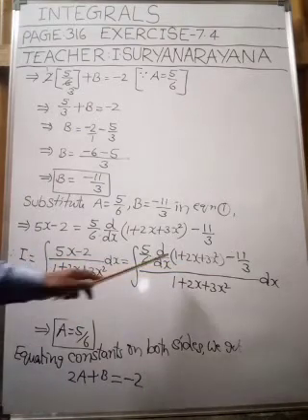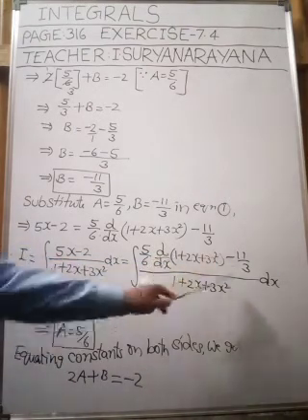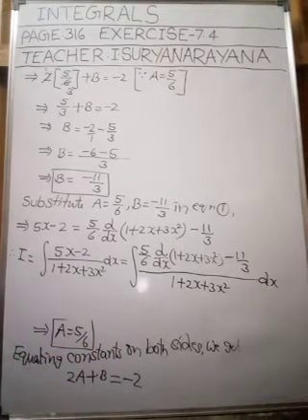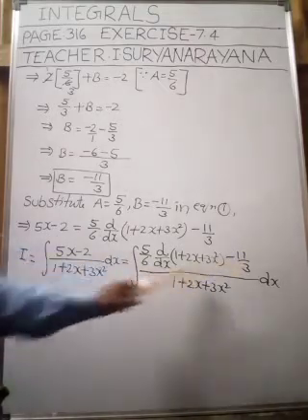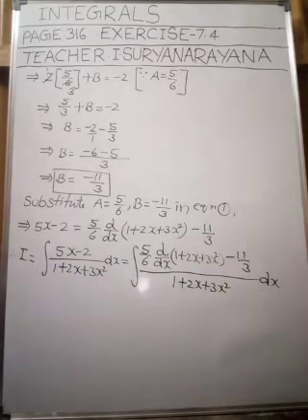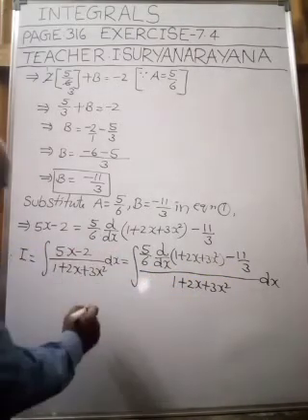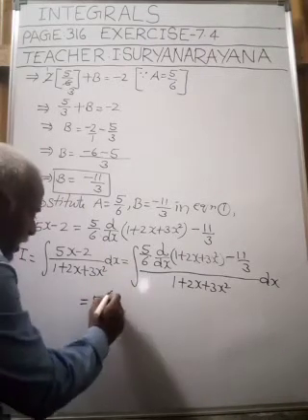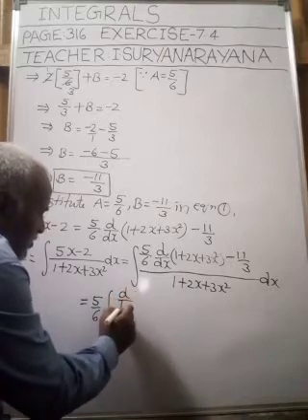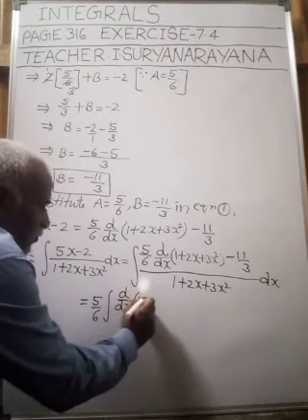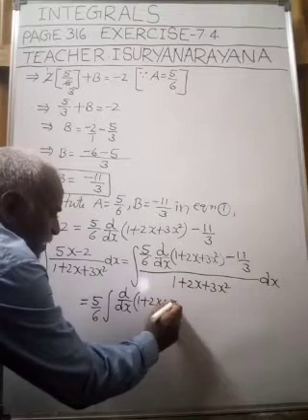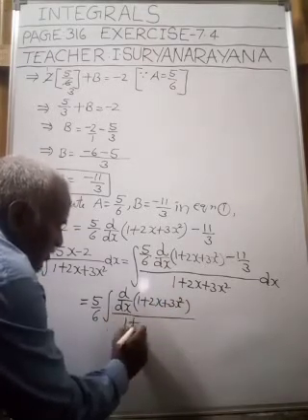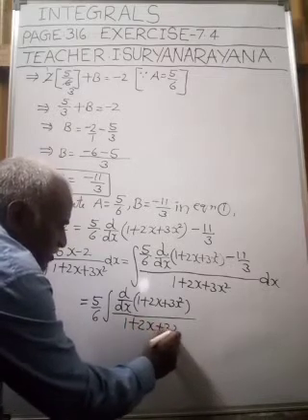Right. Next we have to split into two fractions. Okay, my children? Right. So let us split into two integrals. 5 by 6 integral d by dx of 1 plus 2x plus 3x square whole divided by 1 plus 2x plus 3x square dx.